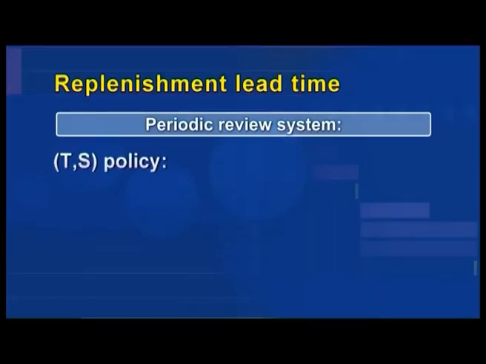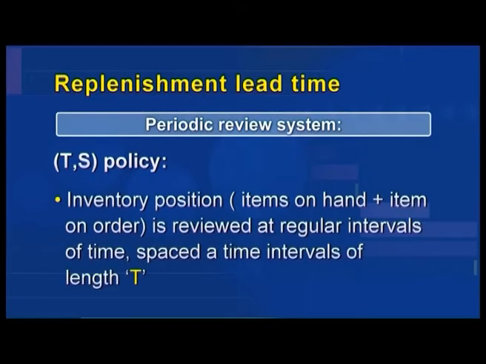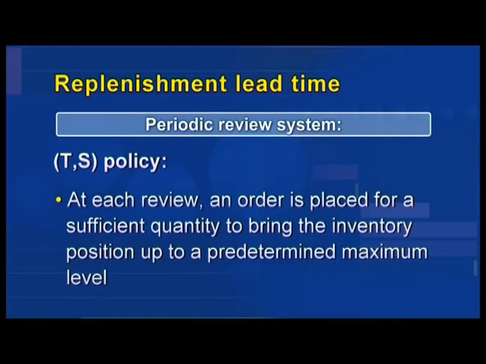Following are the policies under periodic review systems. tS policy. Inventory position, items on hand plus items on order, is reviewed at regular intervals of time, spaced at time intervals of length t. At each review, an order is placed for a sufficient quantity to bring the inventory position up to a predetermined maximum level.